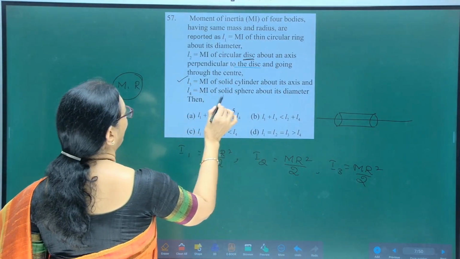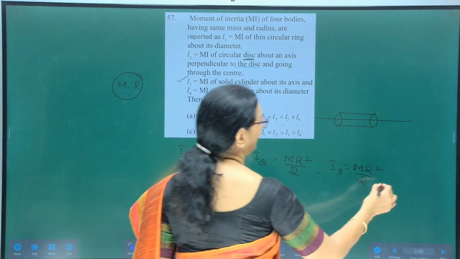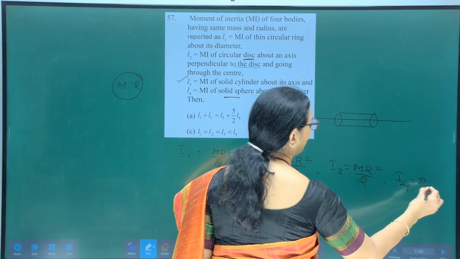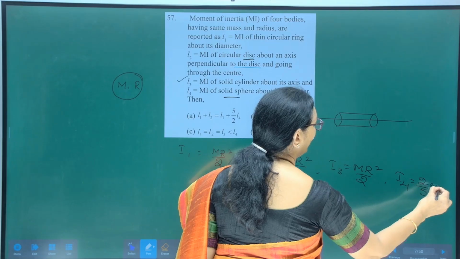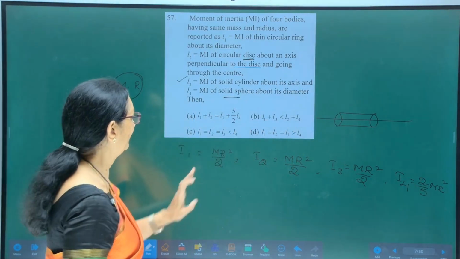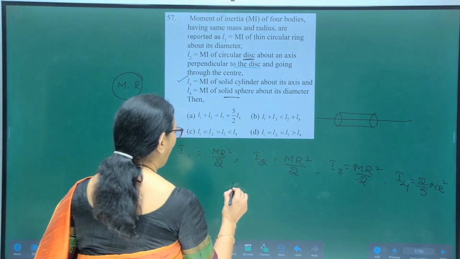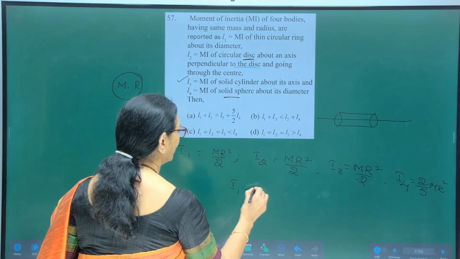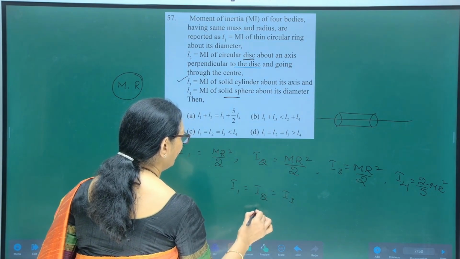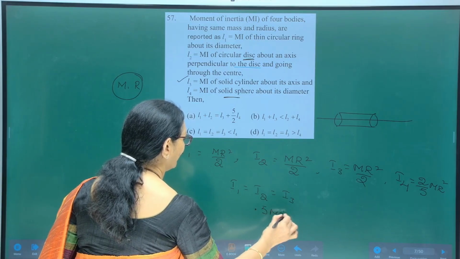Now I4, the moment of inertia of a solid sphere about its diameter. Solid sphere about its diameter is 2 by 5 mr square. Now see, mr square by 2, mr square by 2, that is I1 is equal to I2 is equal to I3, and the moment of inertia is 1 by 2, that is 0.5 mr square.